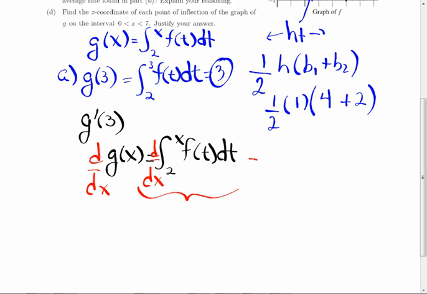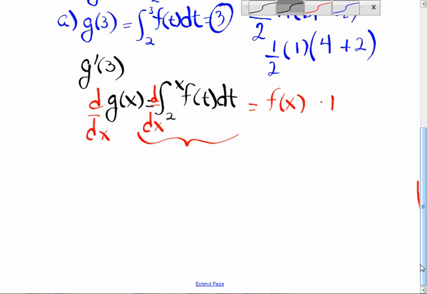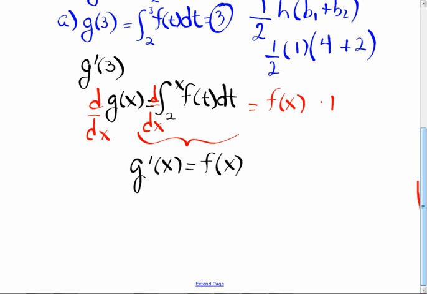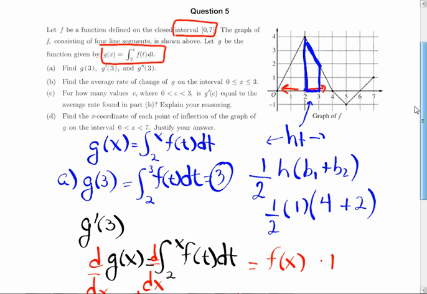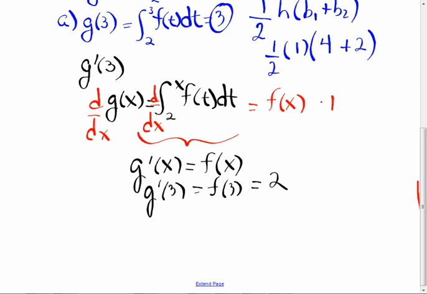What is this equal to? Adam? Equal to f of x times the derivative of x, which is 1. So you get a point for saying g prime of x equals f of x. Somewhere on that scoring rubric, they should give you that point. So g prime of 3 may not be in this section, it might be in the next part, but whatever. Equals f of 3. What's f of 3? Yeah, 2.